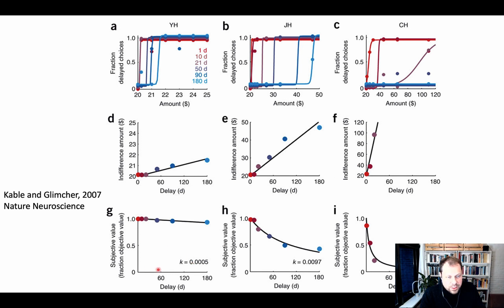This then also translates into this discounting function. So you can see the K factor here, which describes the steepness of this function. It's not very steep for a very patient person, and it's extremely steep for a very impatient person like participant CH here.